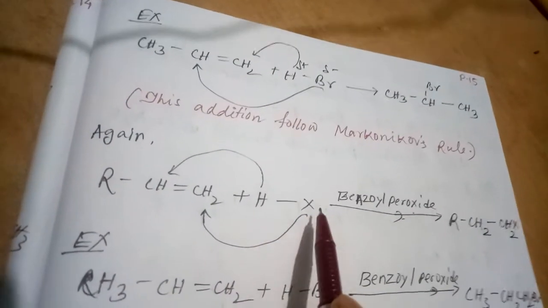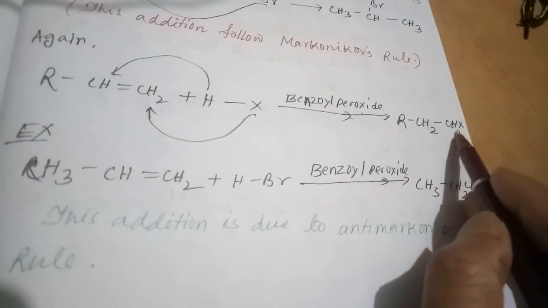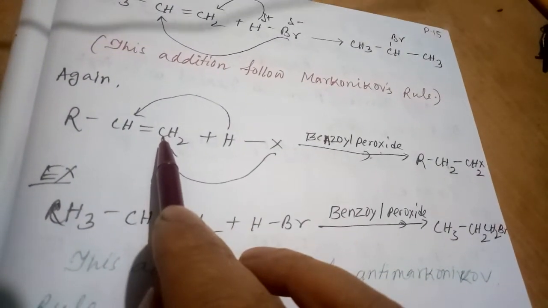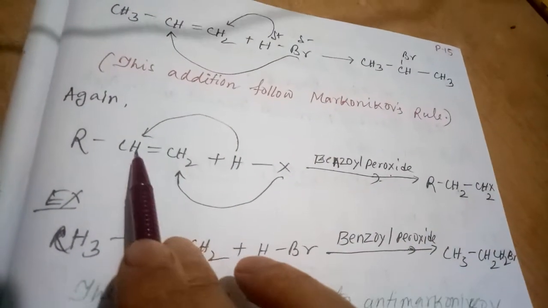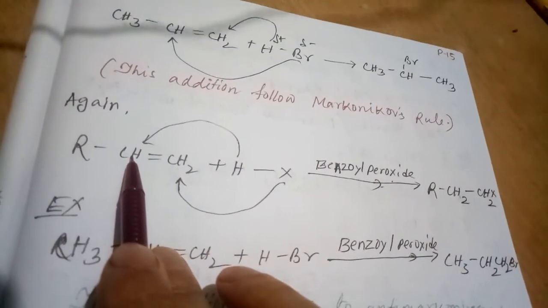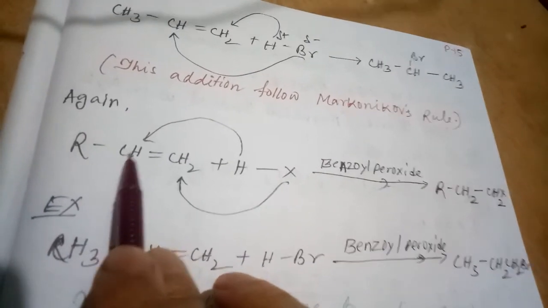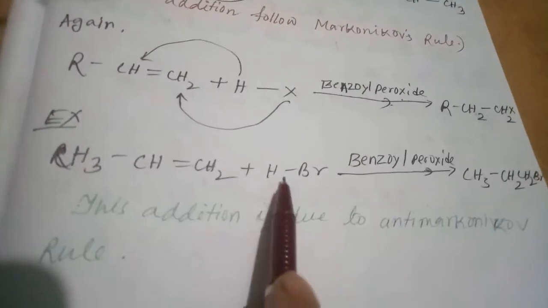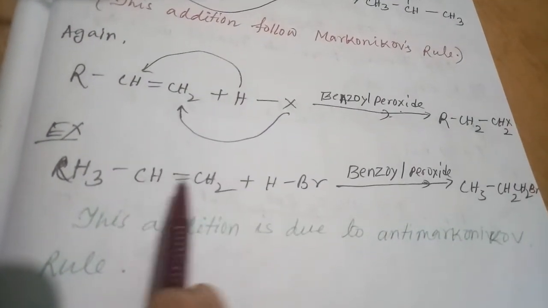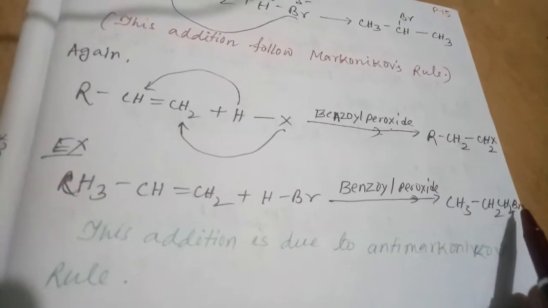But here the halogen is added to the carbon with the greater number of hydrogens, and the hydrogen will be added to the carbon atom where the lesser number of hydrogens is present. For example, this hydrogen will be added to that carbon atom, Br added to the other, and this will be the product.